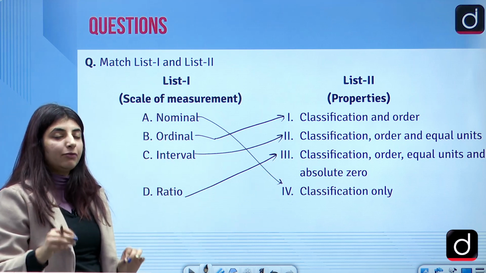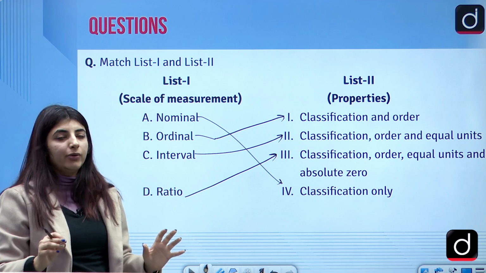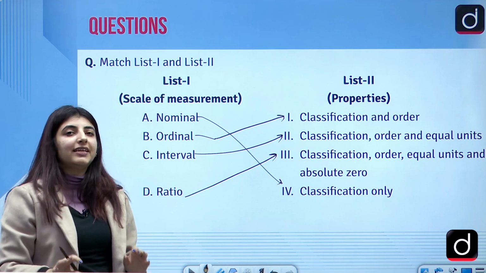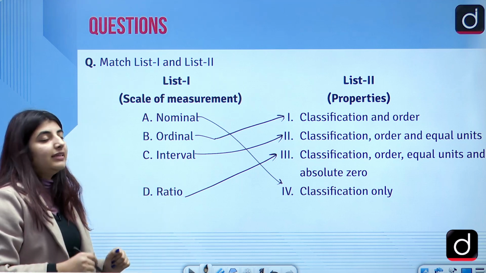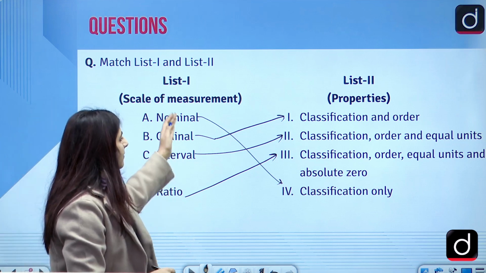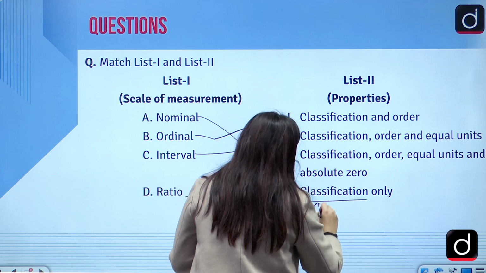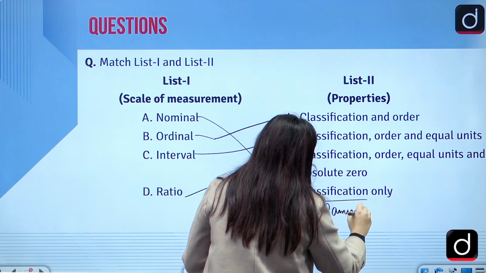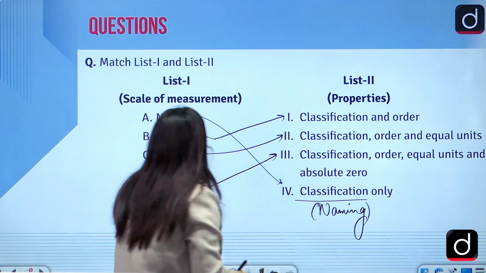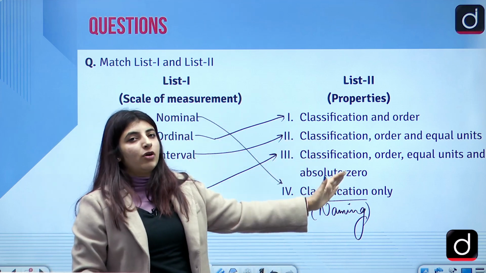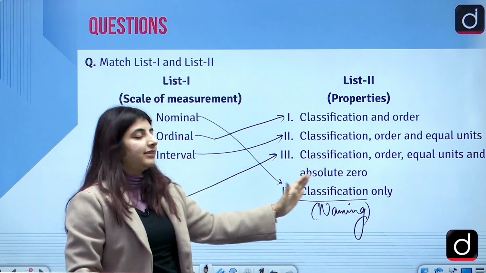So I think this concept would have been crystal clear to you all, because match the following are the types of questions which are asked in these statistical scales. Coming back, nominal, we already have talked about. Classification, because just naming is done here. Ordinal scale, classification and order, right? Because you are ranking things.